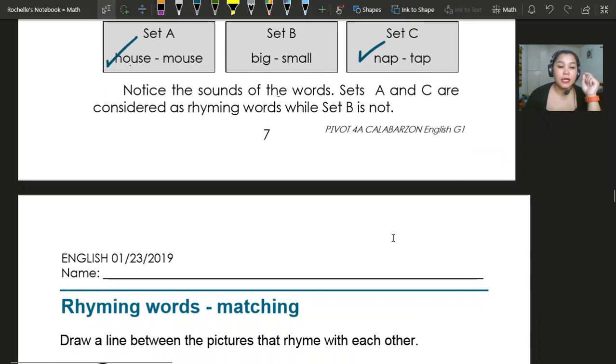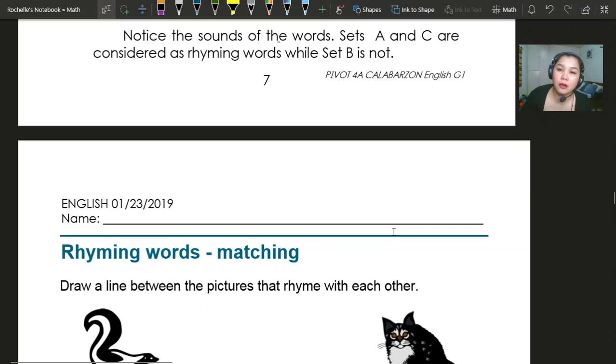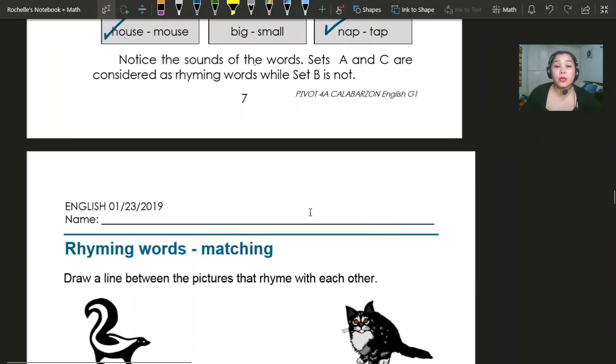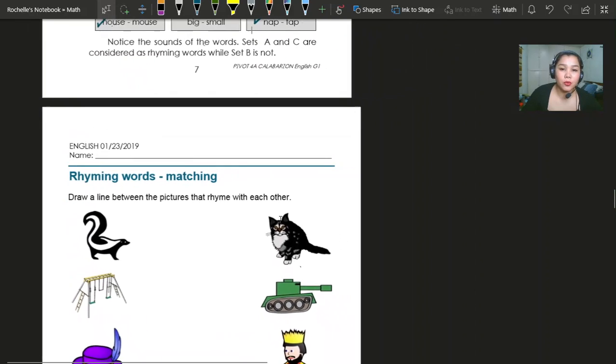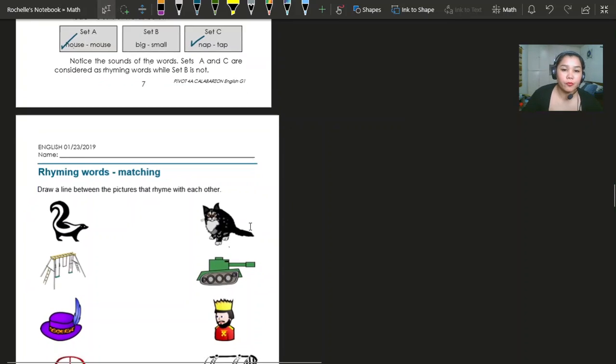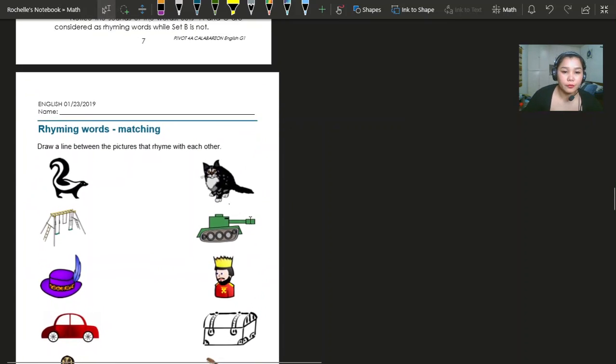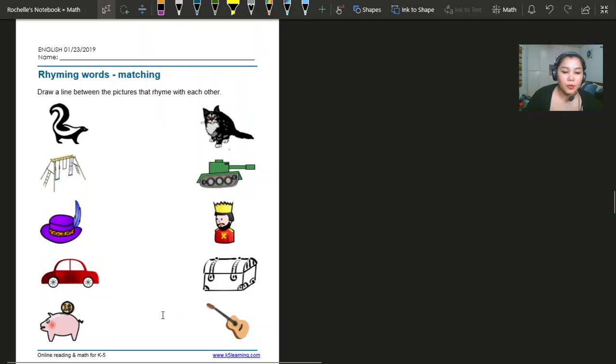Okay, so let's use this worksheet that was given to my previous grade 1 pupils. So we have here two columns of pictures. Okay, two columns.